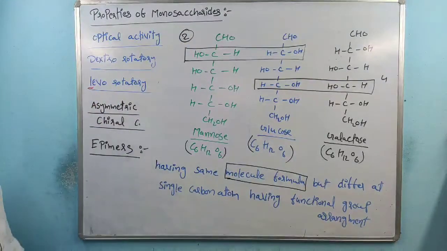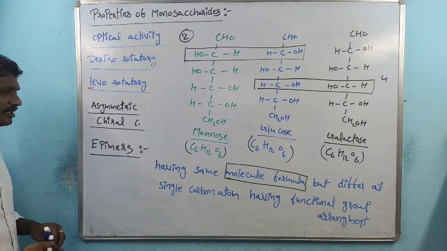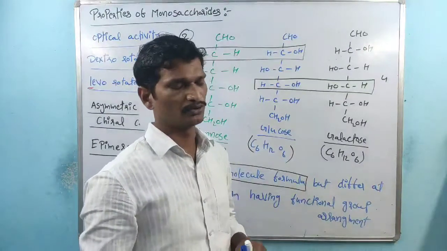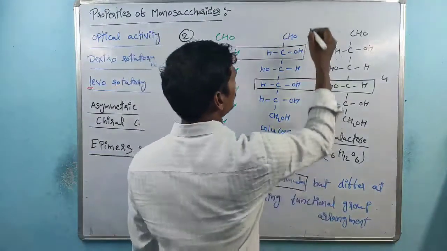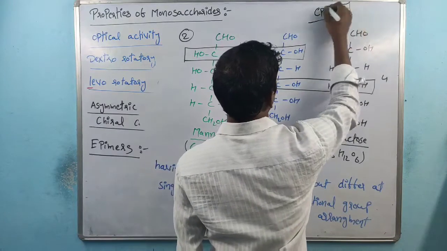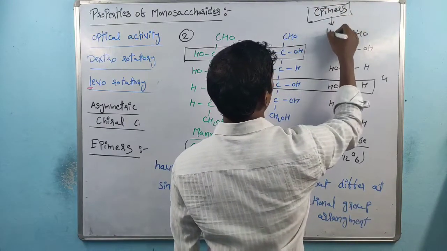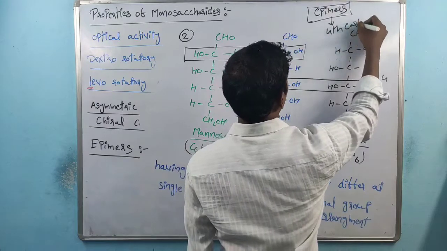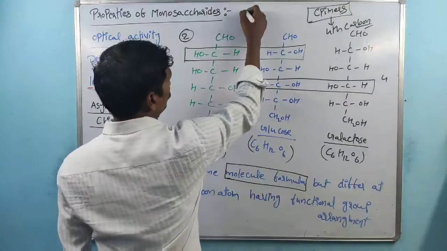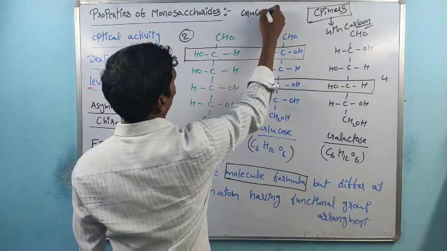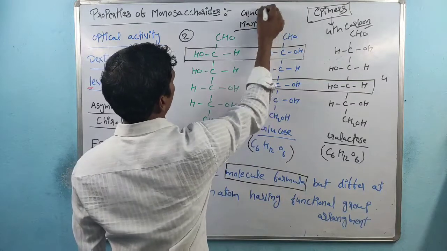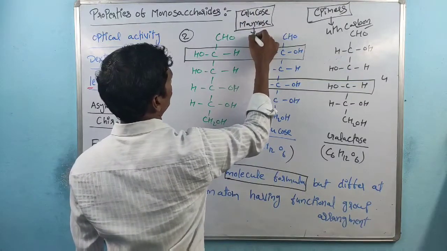Glucose and galactose are epimers, but they differ at the 4th carbon atom. Glucose and mannose are epimers, which differ at the second carbon atom.